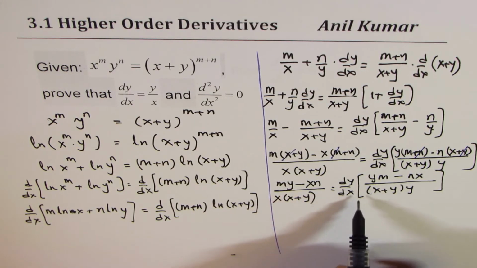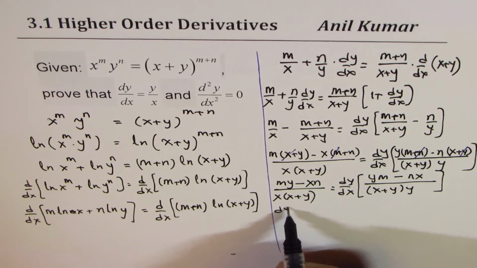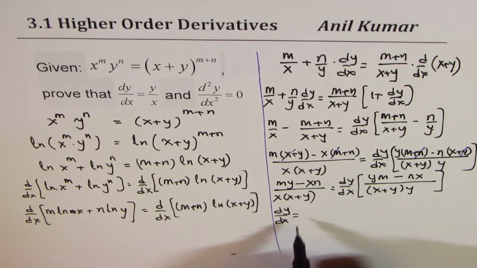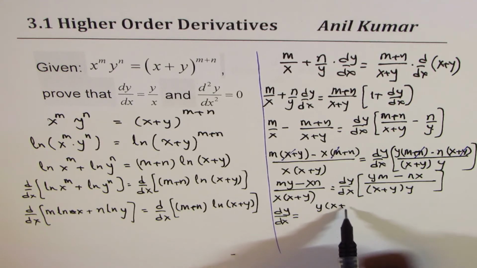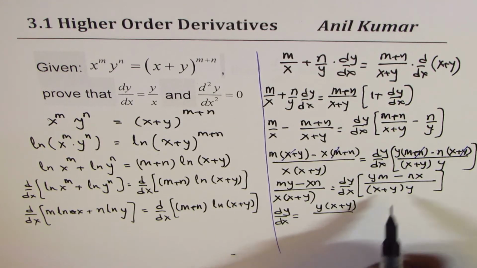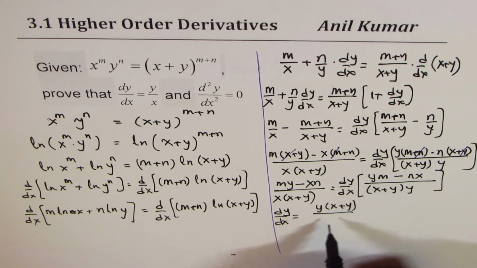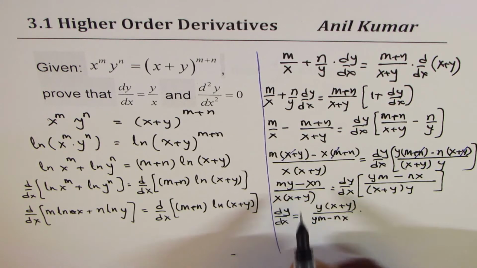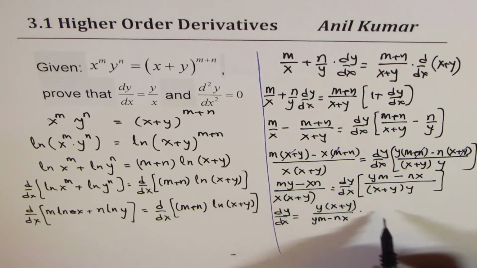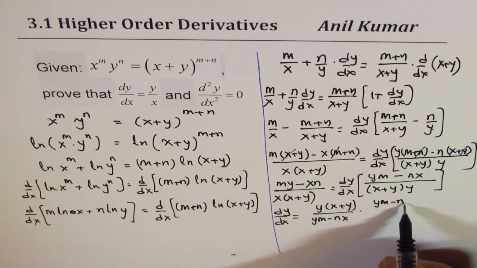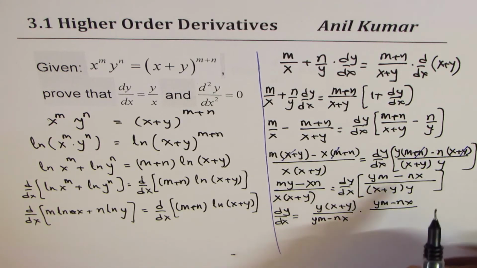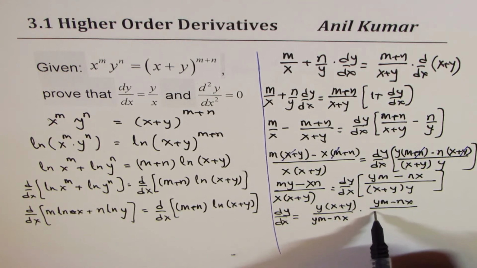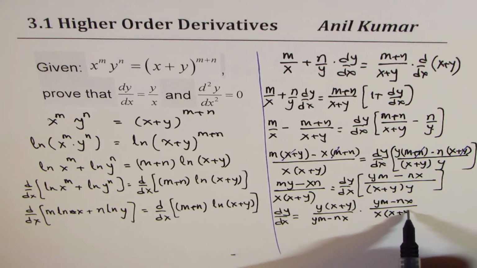If you cross multiply, we get dy/dx equal to y times (x plus y) over this term, which is (ym minus nx) times, here we already have ym minus nx. I just rearranged them, commutative law, and the denominator we have x times (x plus y).